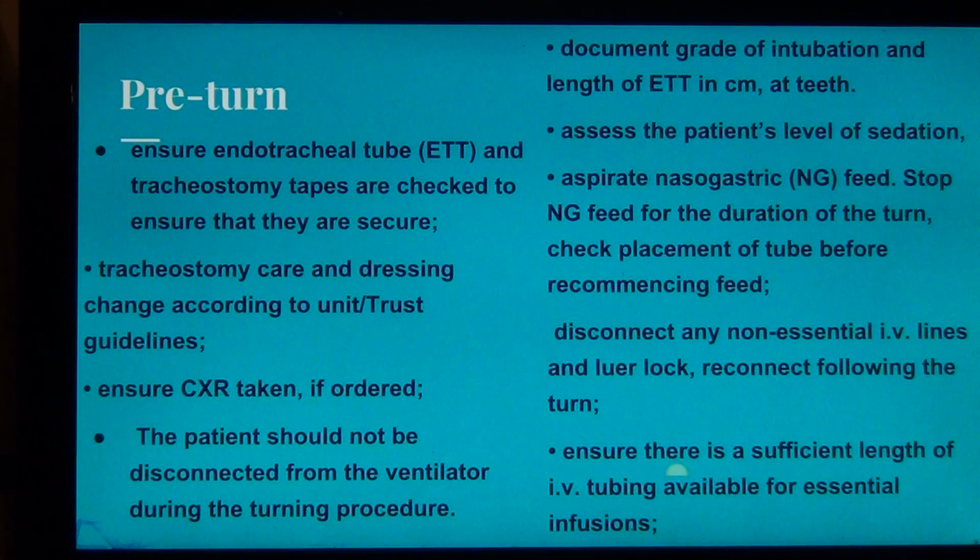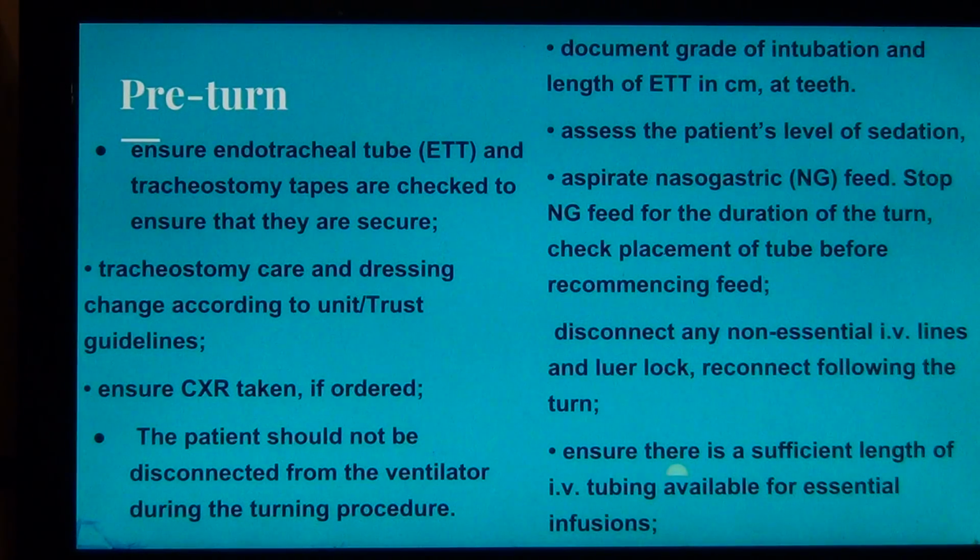Document grade of intubation and the length of the ET tube at the teeth. That's all it's saying: check the position before you turn them, make sure you know where it's at. Make sure you didn't pull it out when you turned them. Assess the patient's level of sedation.